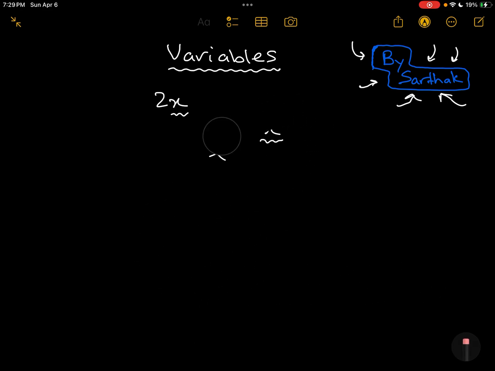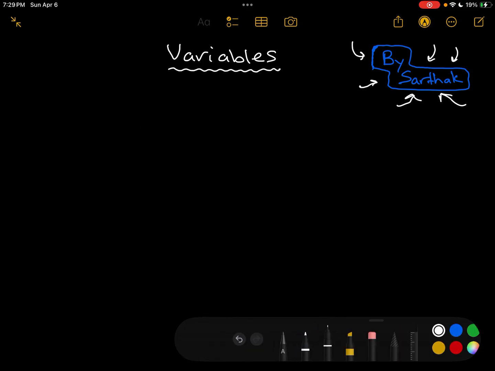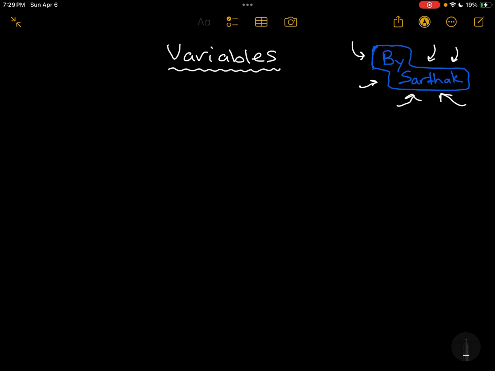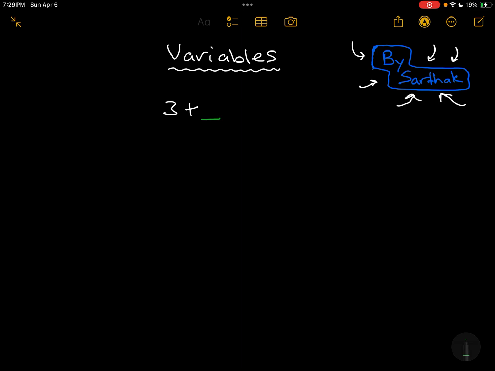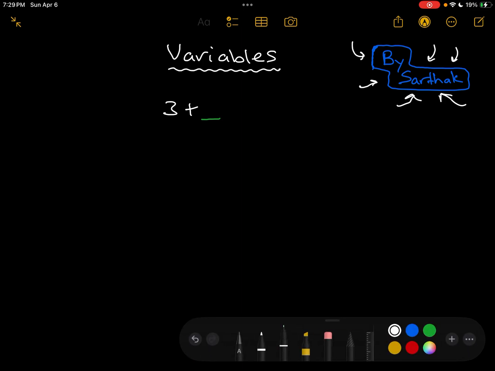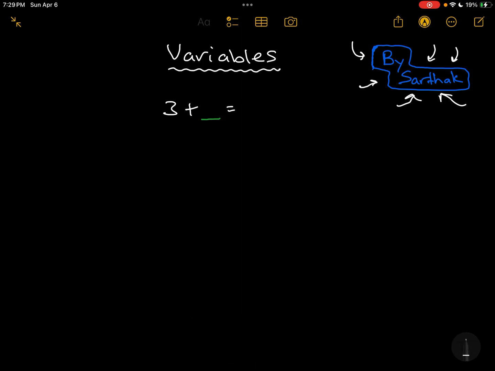Alright, so now let's look at a deeper explanation of variables. For example, you have a fill-in-the-blanks math statement, and let's start small. Say 3 plus an unknown value, let's just say an underline so you have a blank, is equal to 5.